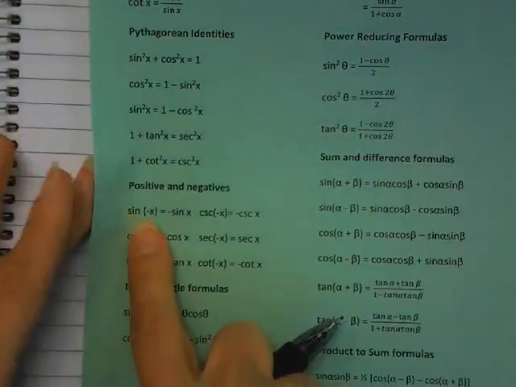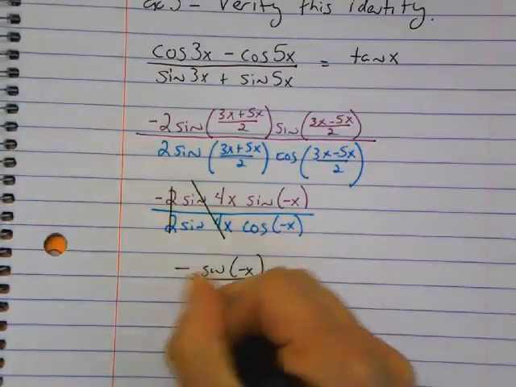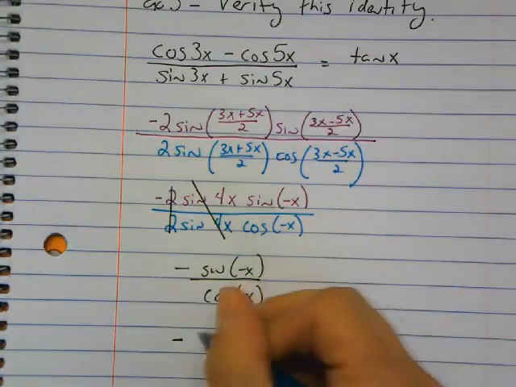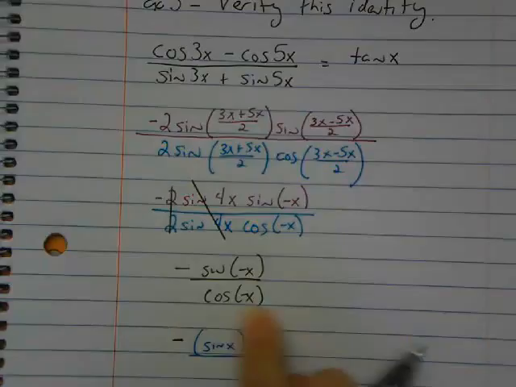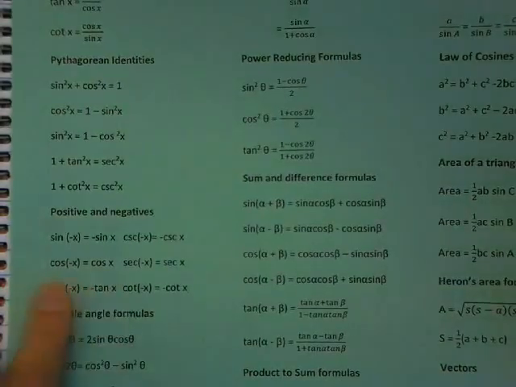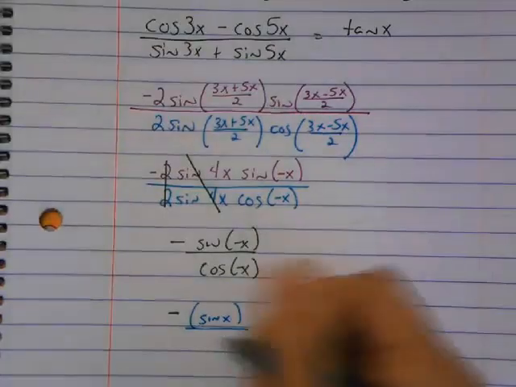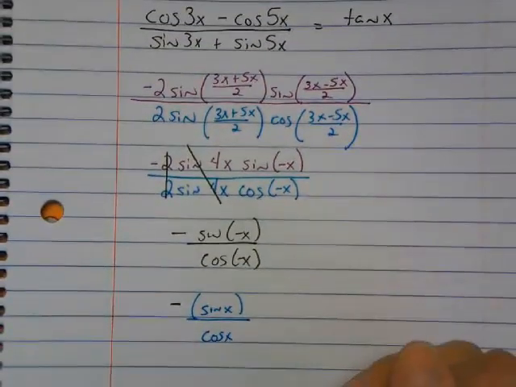Isn't the sine of negative x regular old sine of x? So I'm going to leave that negative out there, and I'm going to write this sine x. And what's the cosine of negative x? Cosine of negative x is just cosine of x. Well, what is sine over cosine? Tangent.